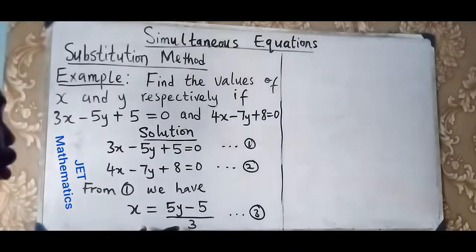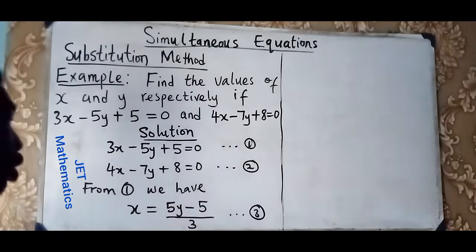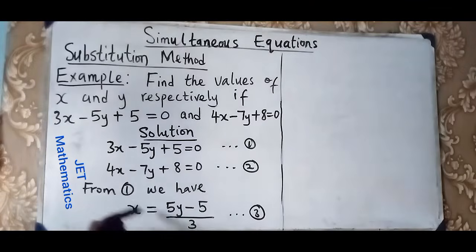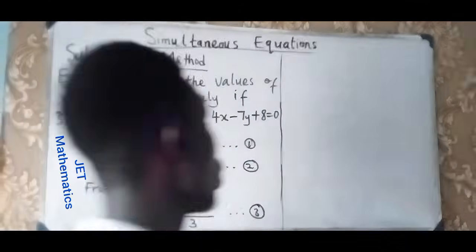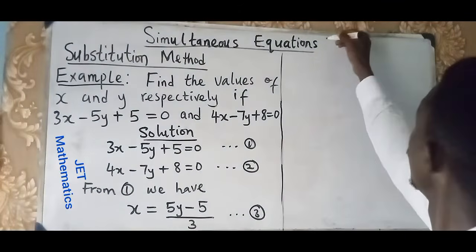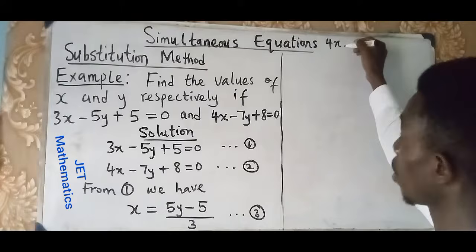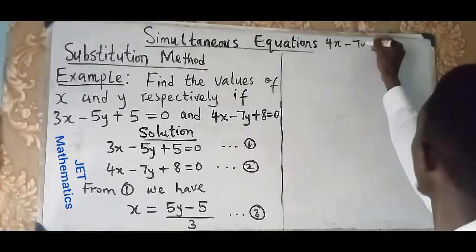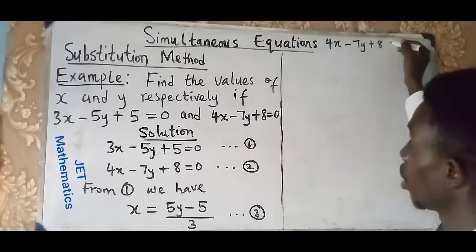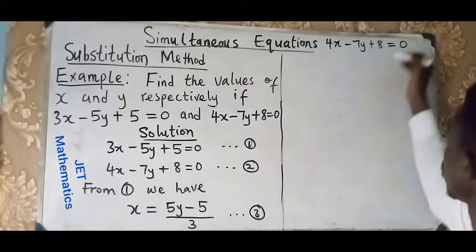So we are going to plug this expression for x into equation 2. Remember, we made this from equation 1, so we are going to plug it into equation 2. Our equation 2 again is 4x minus 7y plus 8 is equal to 0.